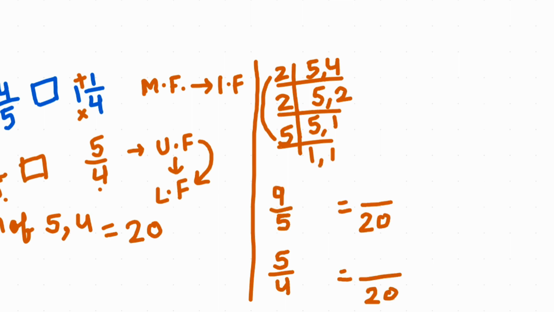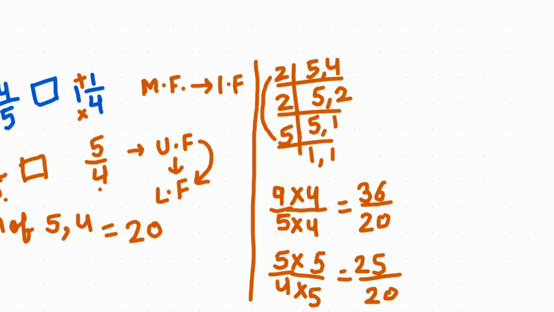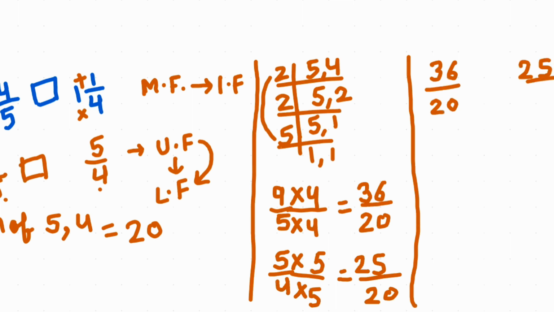So we have to multiply the numerator and denominator by 4 here, and here we have to multiply the numerator and denominator by 5. So the new two fractions are ready: 36 by 20, 25 by 20. Now check. Are these like fractions? Yes, these are like fractions now because the denominators are the same. And from like fractions, we can easily compare which one is greater: 36 by 20.